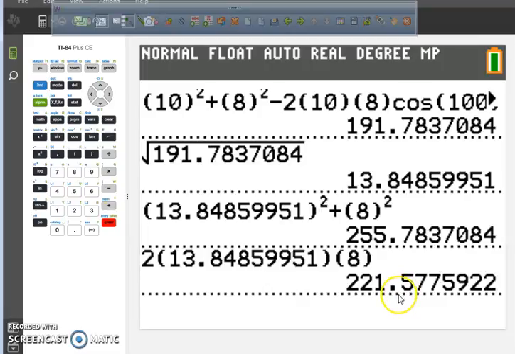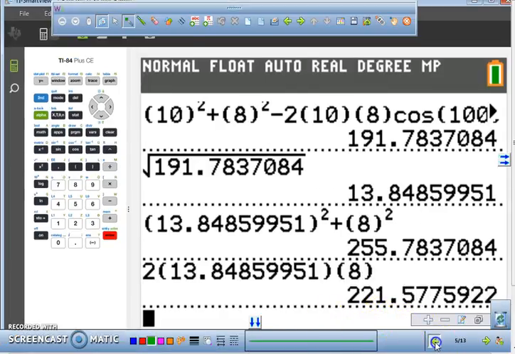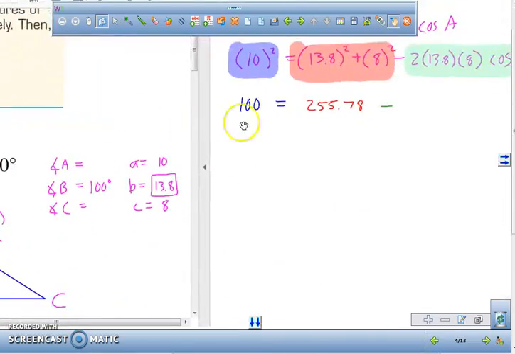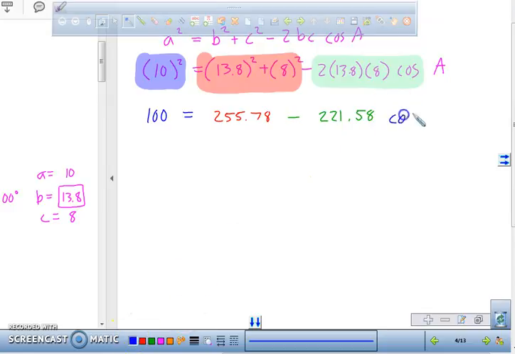Press enter. I get 221.58. So I'm going to use the 221.58 times the cosine of capital A.